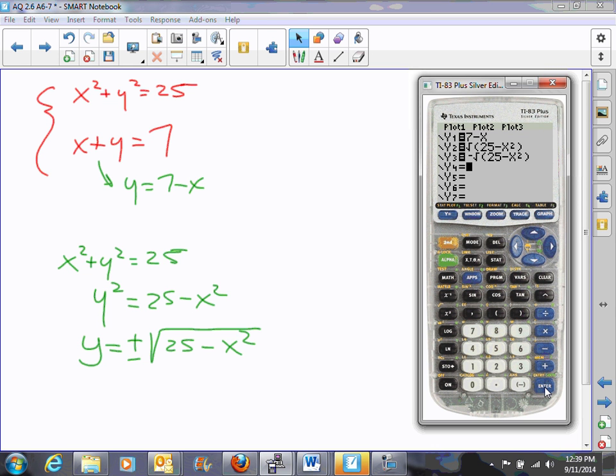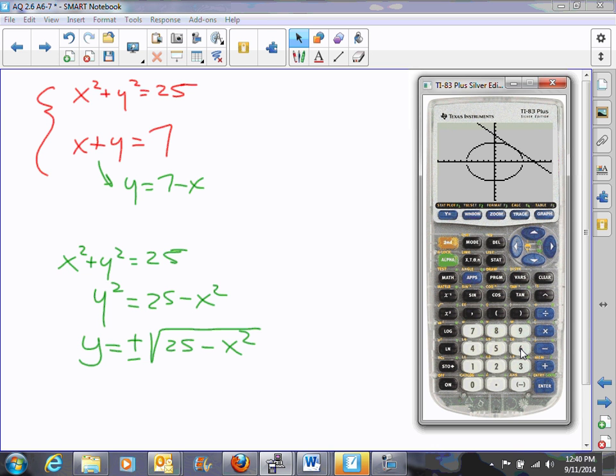Now, if we press zoom 6, we'll get the standard negative 10 to 10 window, but the calculator isn't going to do this x squared plus y squared equals 25 real well, because it has a little trouble getting down to the x-axis. Well, let's just do this, zoom 6. See, notice it didn't go all the way to the x-axis on these two, but it actually should have.